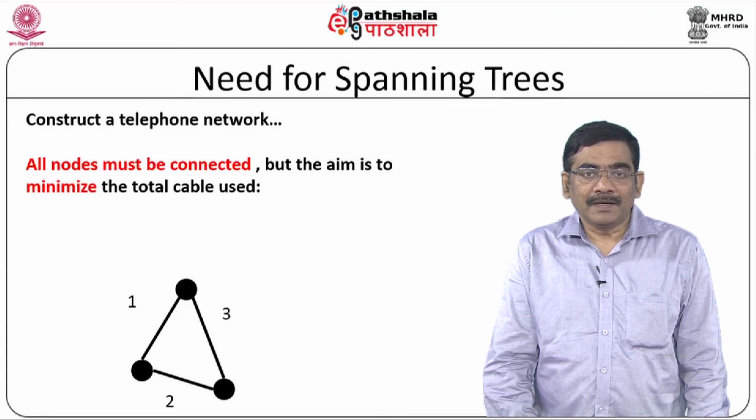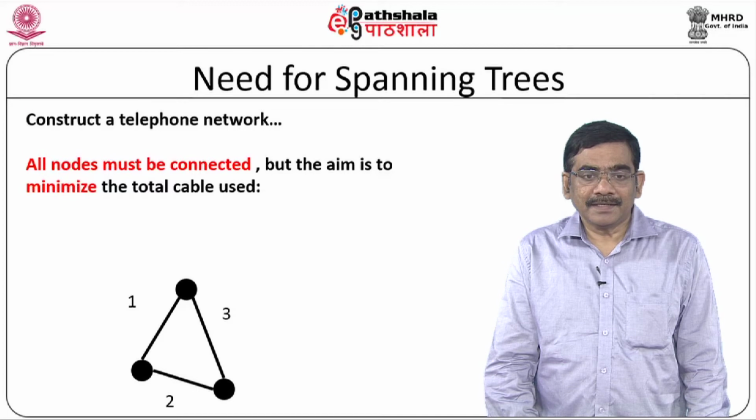Therefore, not only the telephone network, any network related to power, telephone, etc., can use this minimum spanning tree algorithm to get a network where there is connectivity, but at the same time there is no redundancy of the edges.